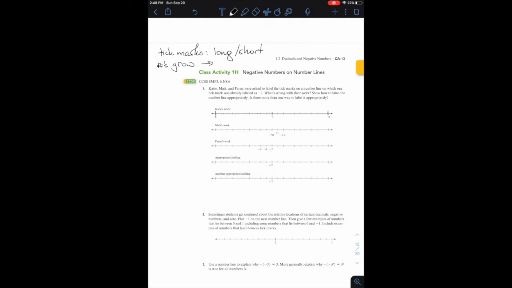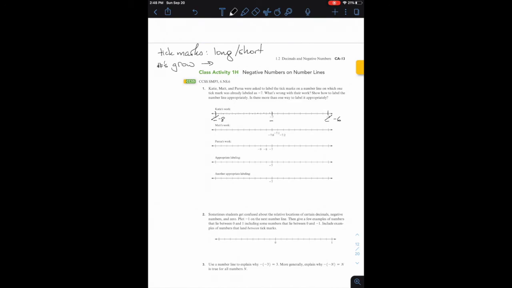But what doesn't work is that the -6 and the -7 and the -8 are going from left to right, suggesting that we're increasing, but those numbers are actually decreasing. So in order to correct that, we'd have to switch this -6 and the -8 because they need to be increasing from left to right rather than decreasing.